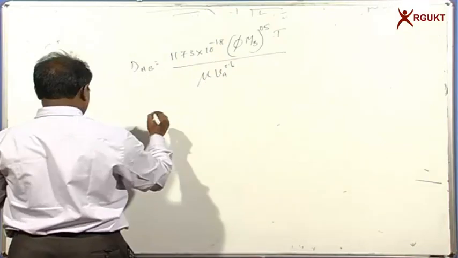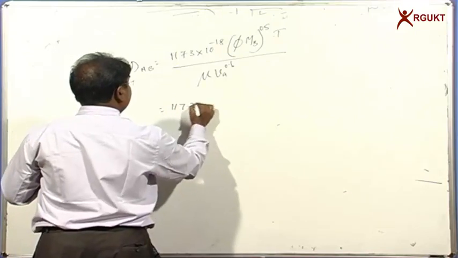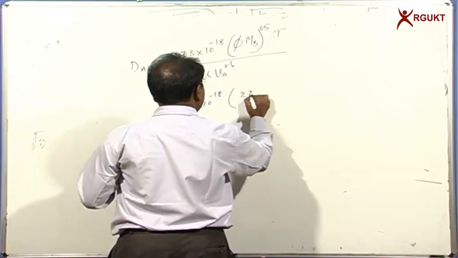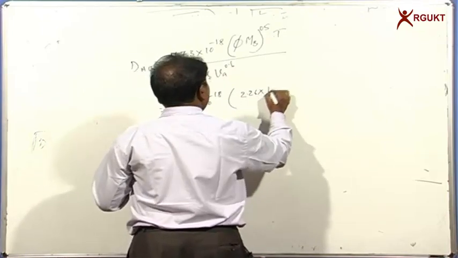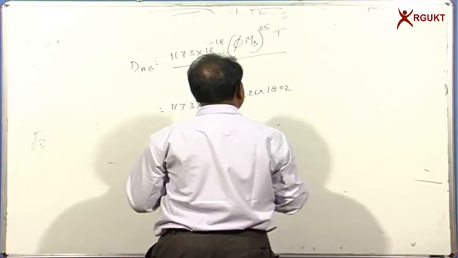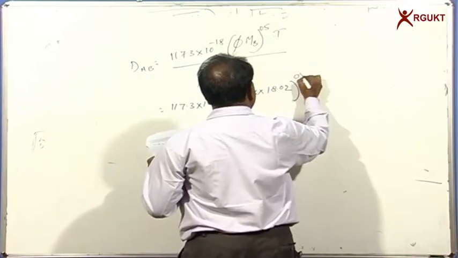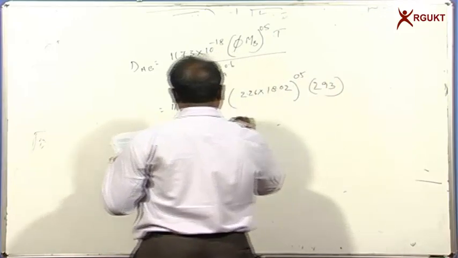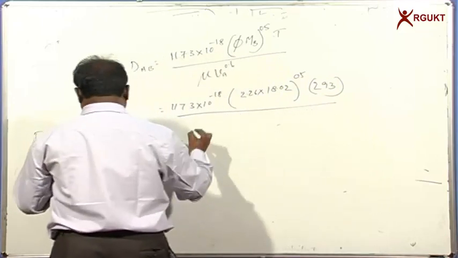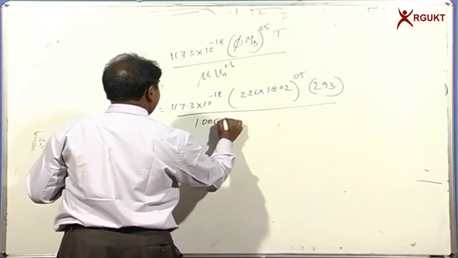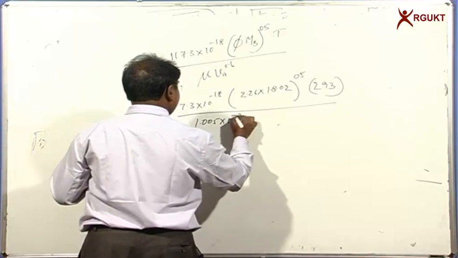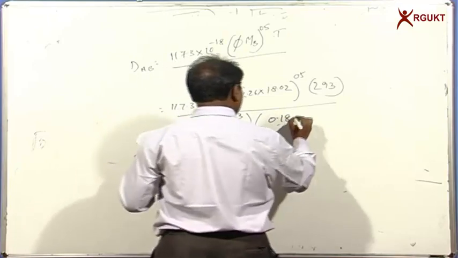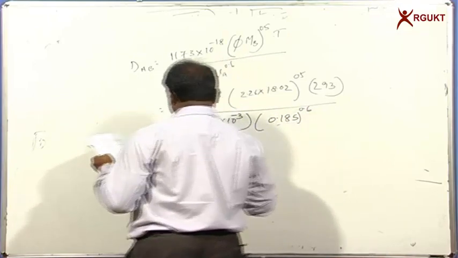So here 117.3 into 10 power minus 18, phi is given as 2.26, molecular weight of water is 18.02 to the power of 0.5, temperature is 293, divided by mu, that is 1.05 into 10 power minus 3, and V_A, the molar volume of mannitol, is 0.185 to the power of 0.6.